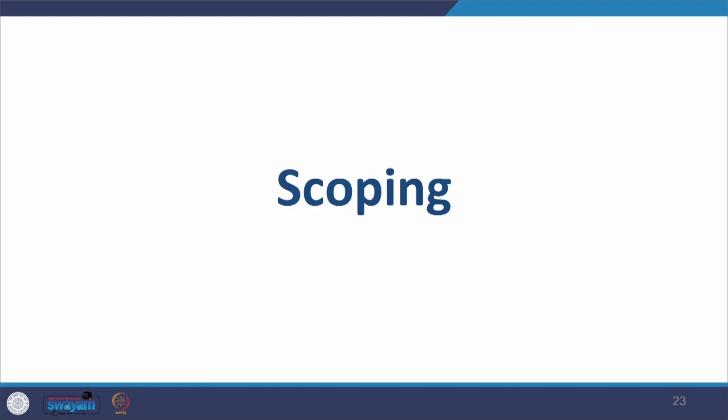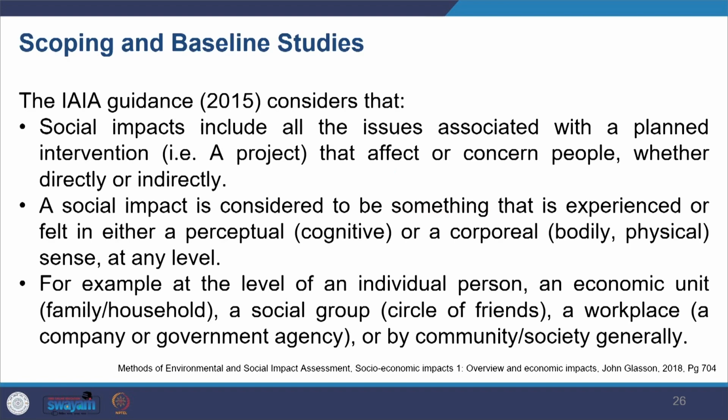Now moving on to the scoping components. As per the IAIA guidance, we are required to look at what kind of issues are associated with planned interventions, what the concerns of the common and local people are, and what kind of impact would happen to them directly or indirectly.